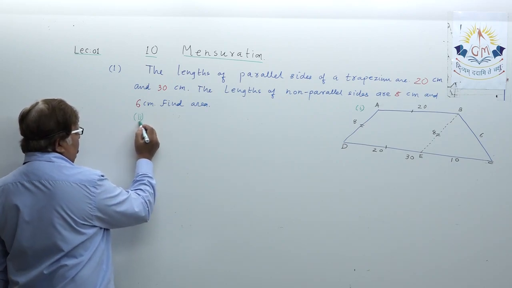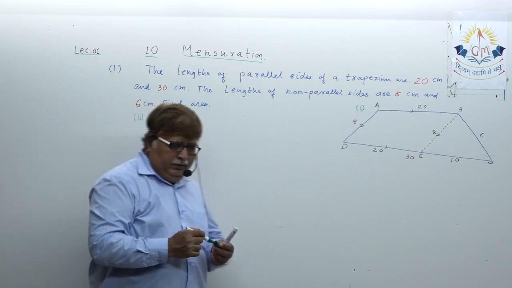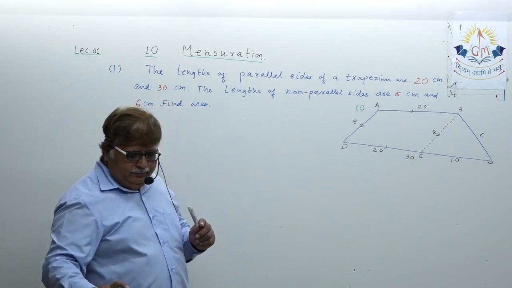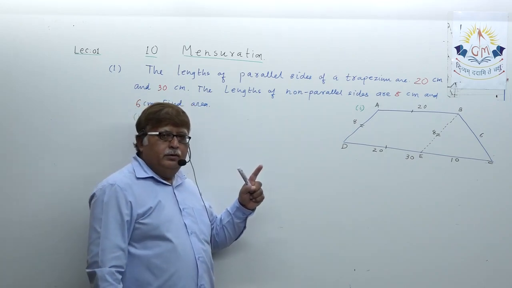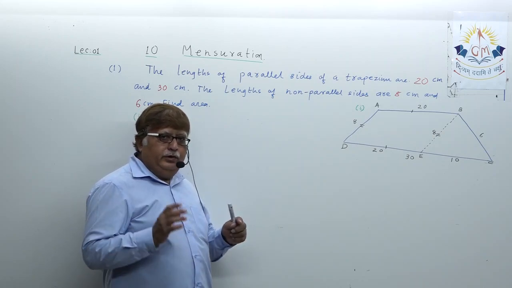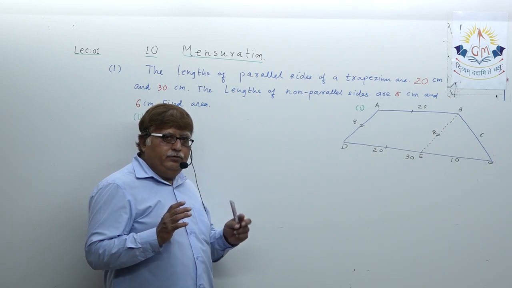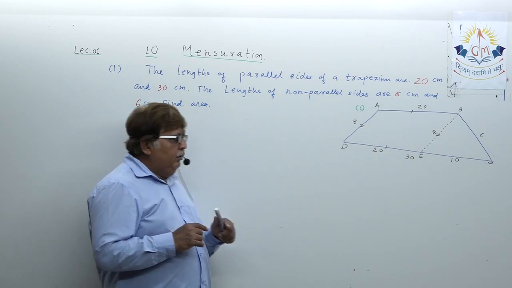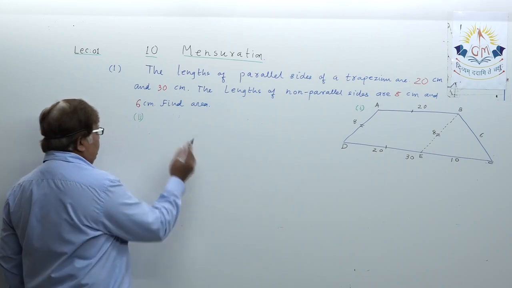Now dear student, the step number 2. Your complete concentration needs to be now on triangle BEC.